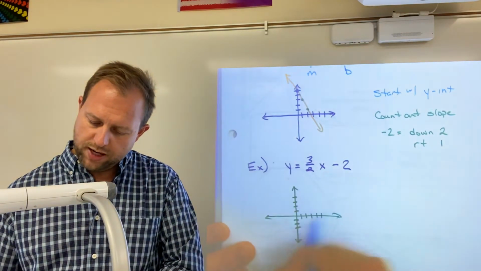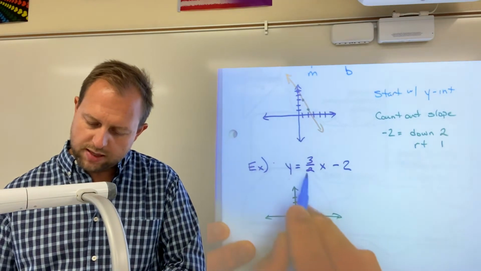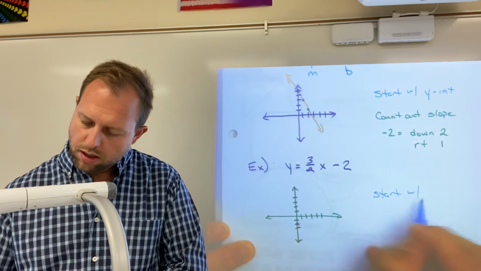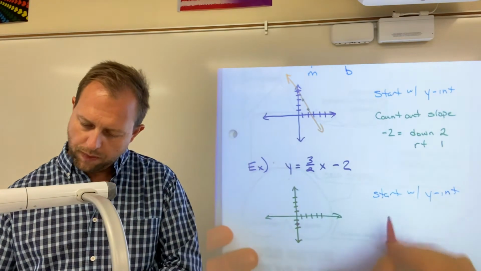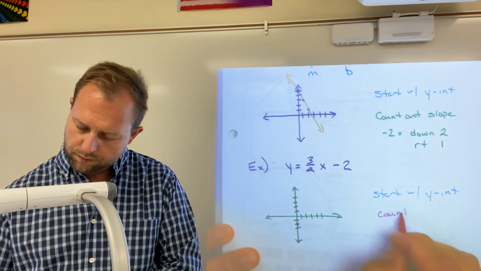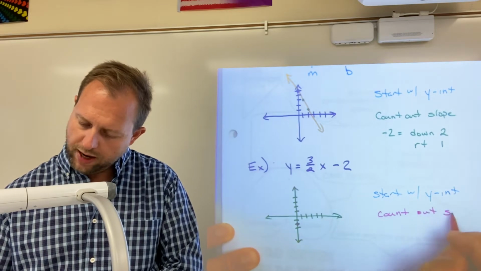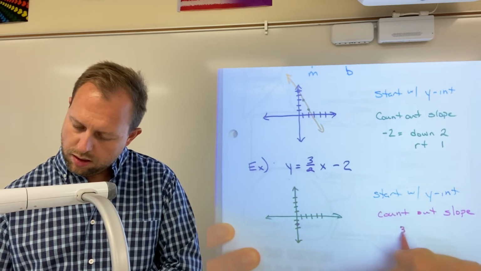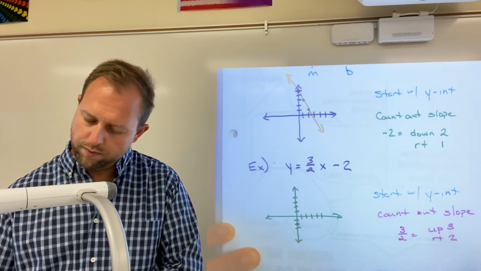Start with the y-intercept, which was negative 2. A slope of 3/2 means we're going to count out a slope of 3/2, which means up 3 and to the right 2.